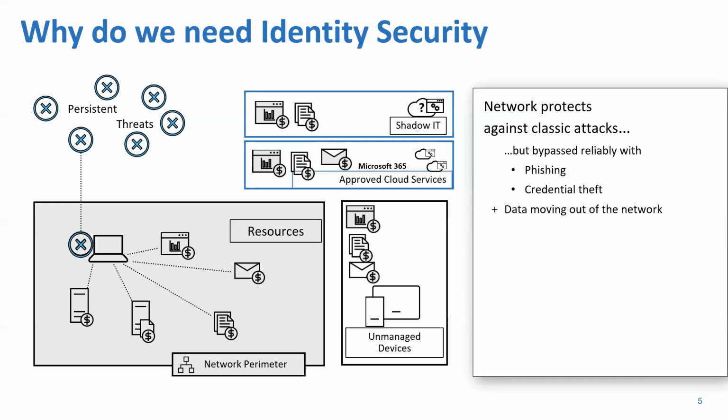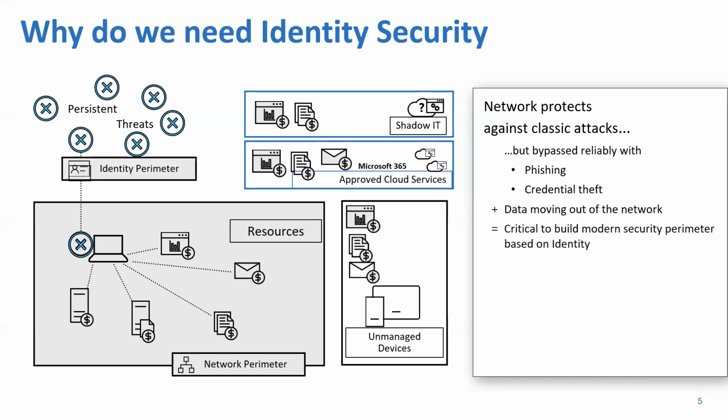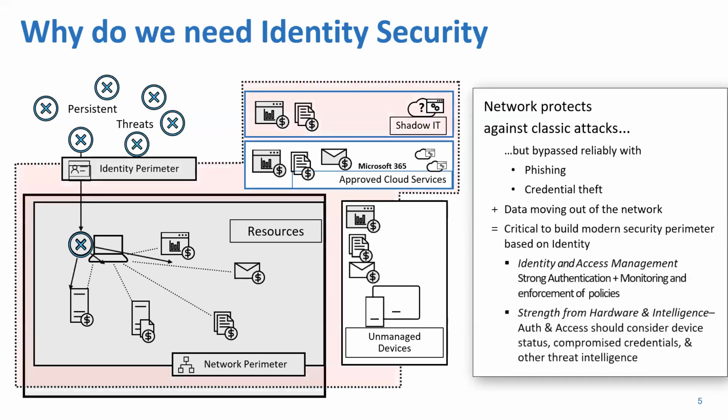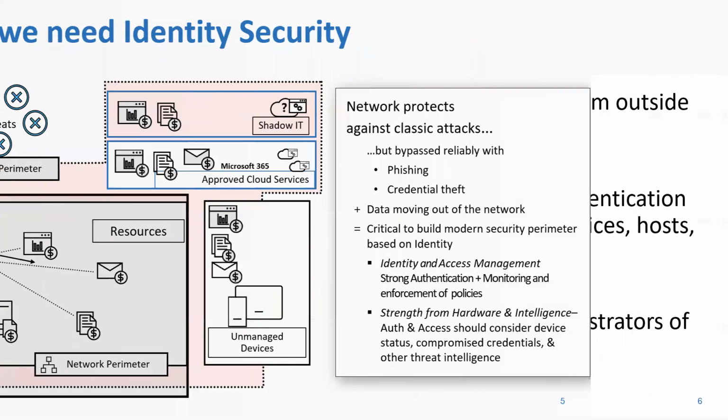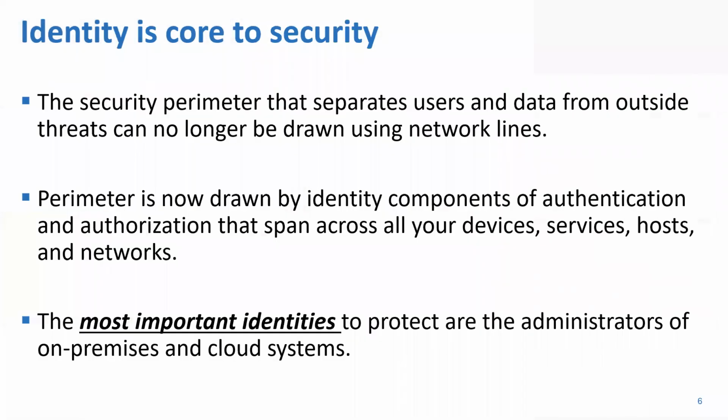So the only barrier now for protection is your identity parameter, right? Because this is one parameter that goes across all the different sources where your data is stored, whether it is in the cloud, within your perimeter network, in your internal network, or part of your unmanaged devices. So it's very critical to make sure that you have identity security at the core.